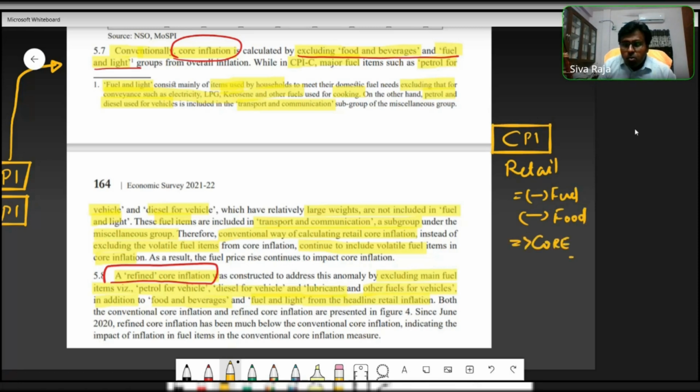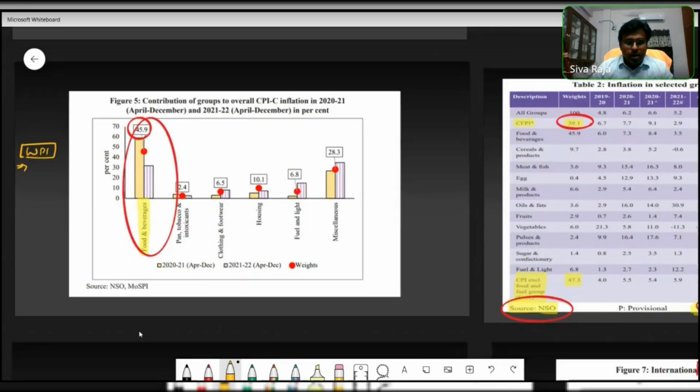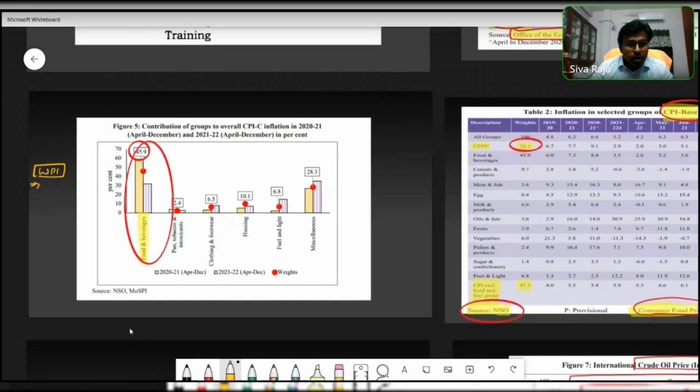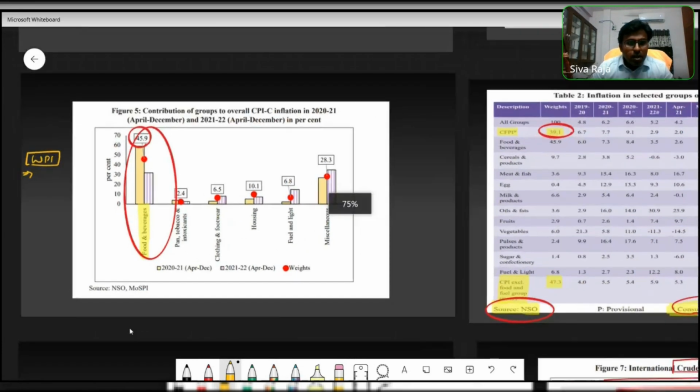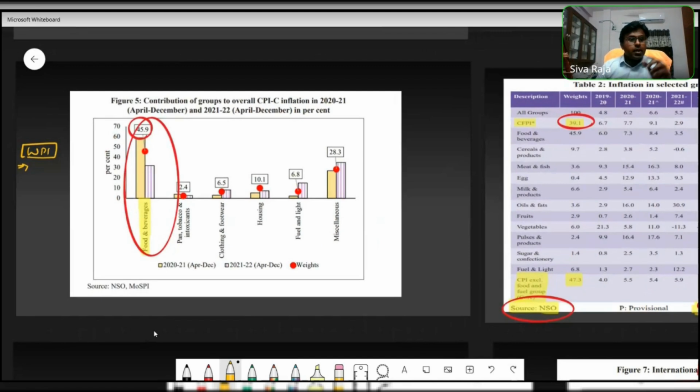But what happens is that in the consumer price index, there is a thing called miscellaneous. In the consumer price index, I am subtracting food and beverages and fuel to make a core inflation. But there is a component called miscellaneous.